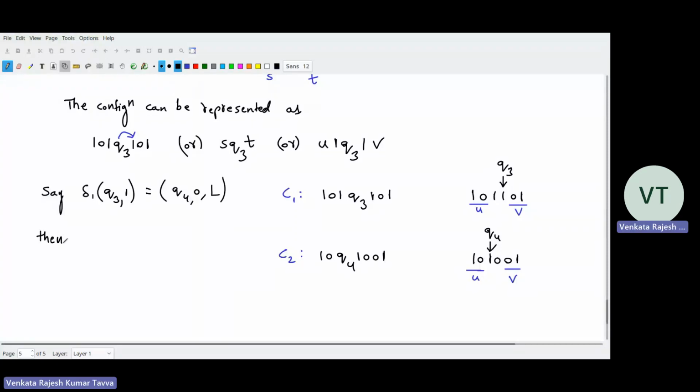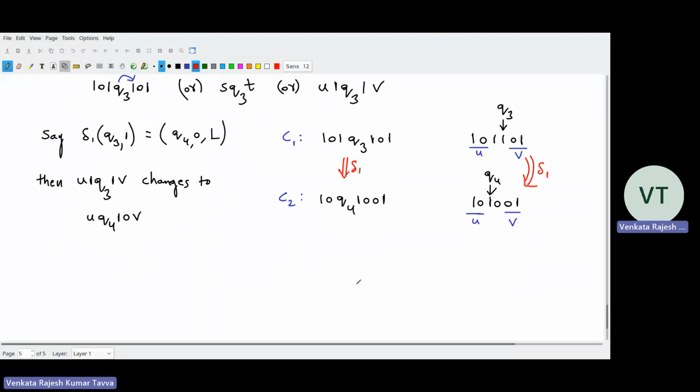So then U 1 Q3 1 V changes to, how do you express it in terms of U and V? U Q4 1 0 V. Okay. So this is the result of my delta, and the same thing expressed in a different way. Okay.